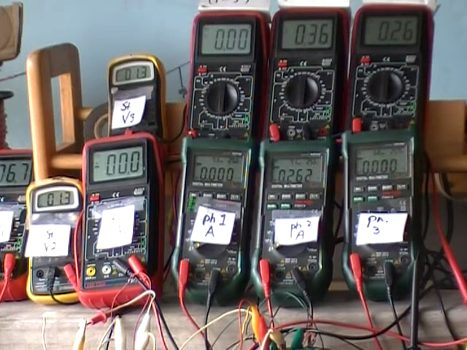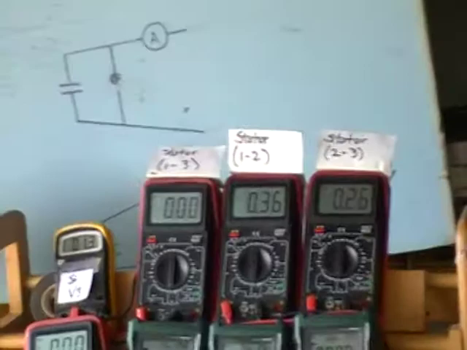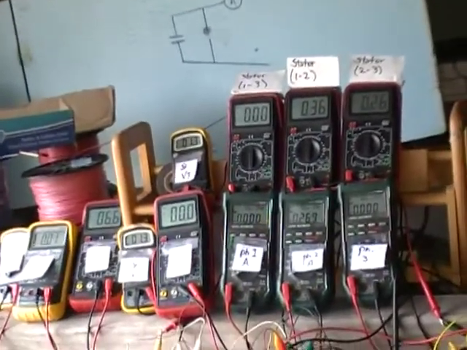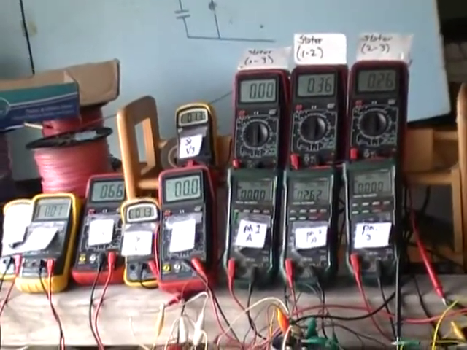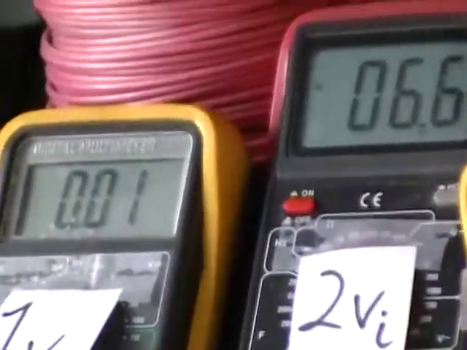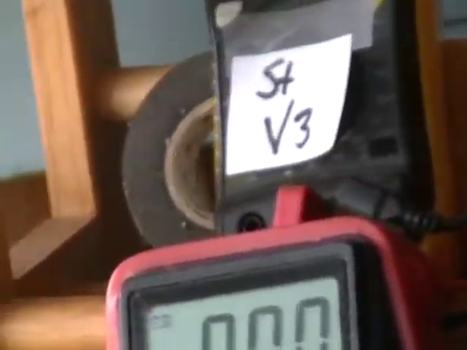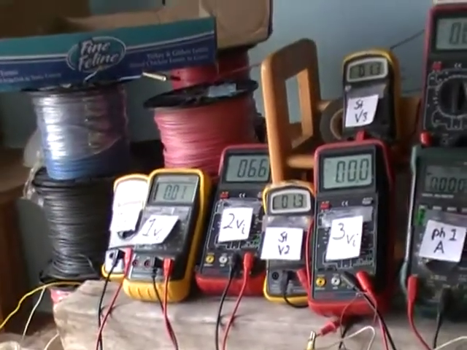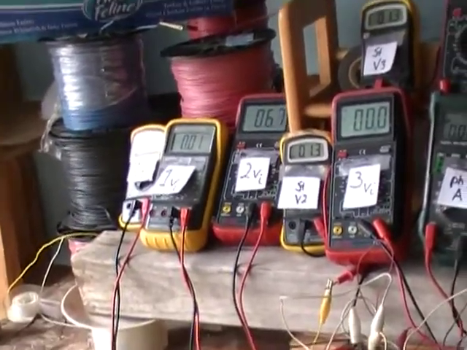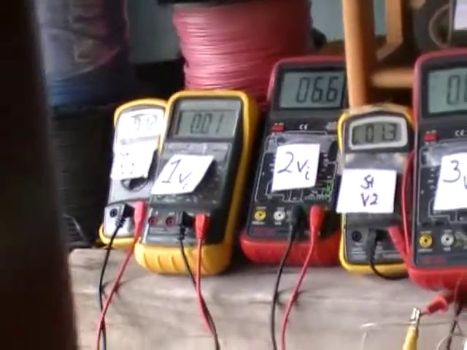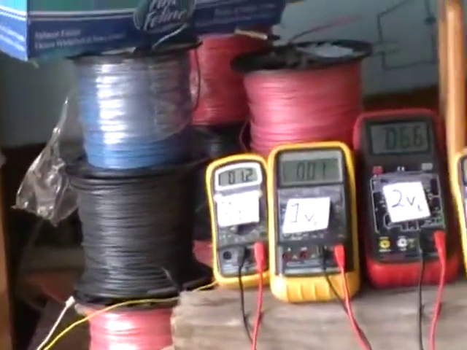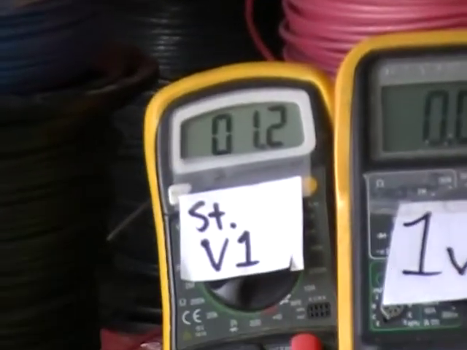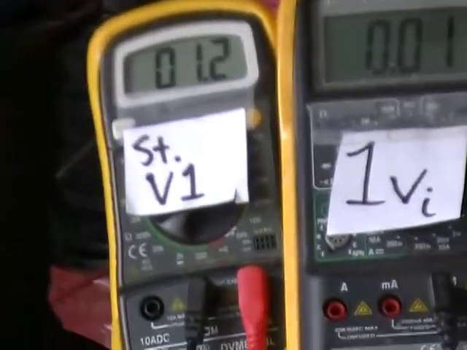Okay, now we only have 1 phase. We notice that our input voltages have universally gone up. We again have 1.2 volts on the empty loaded phase number 1.